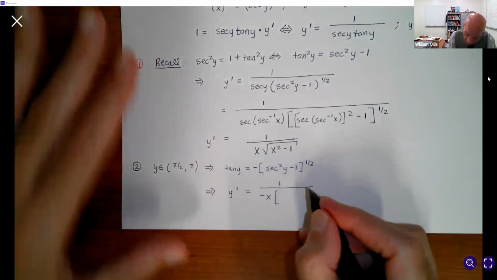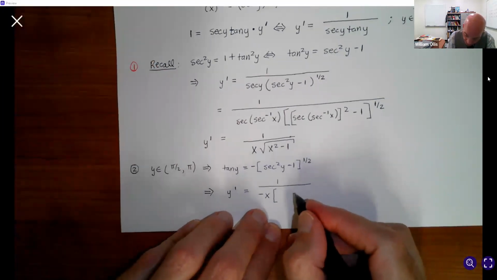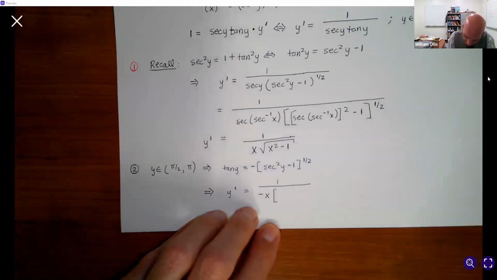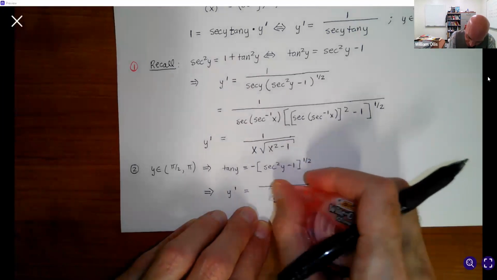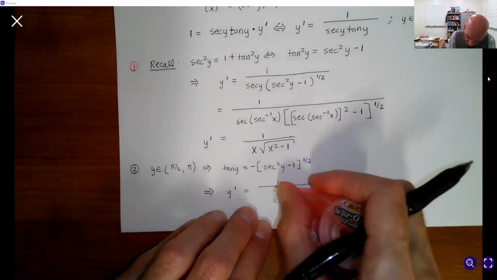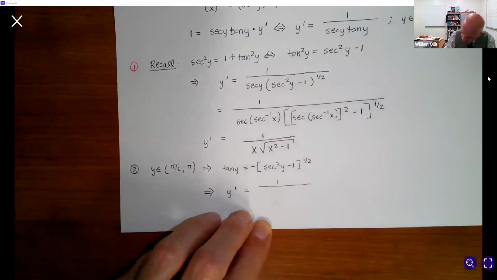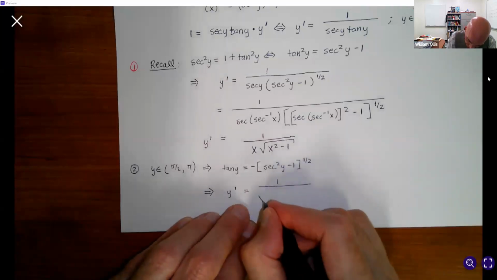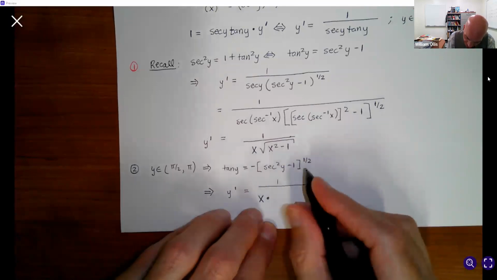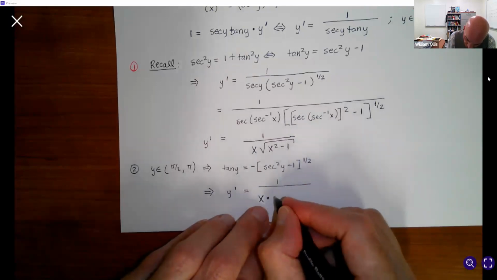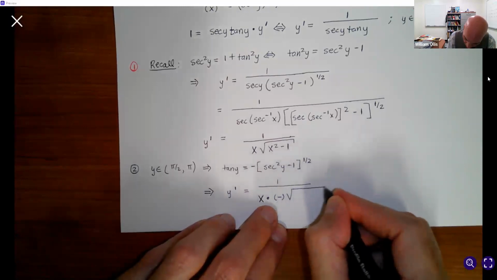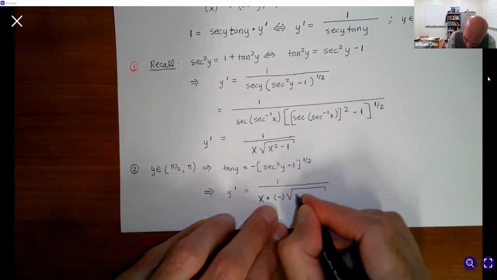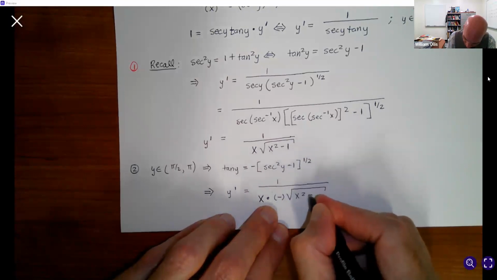And then, if you will, well, let me write this correctly. Let me start out by just putting in everything, not skipping a step. So let me put the x here. And now I'll say times, and then I've got the negative radical here. So I'll put the negative like this, so it's in parentheses, then the radical, x squared minus 1. So that's a little bit more clear.